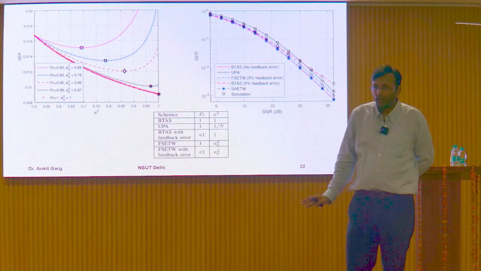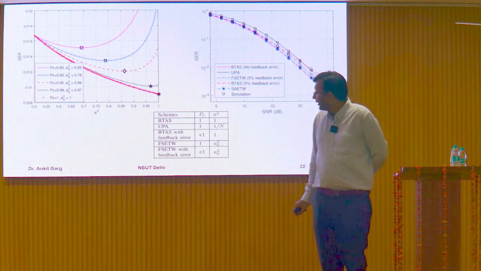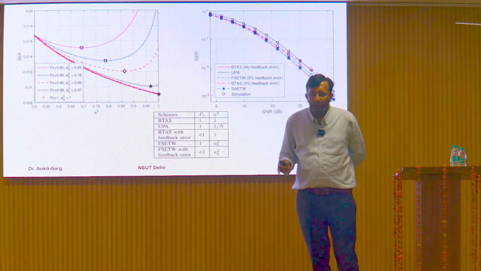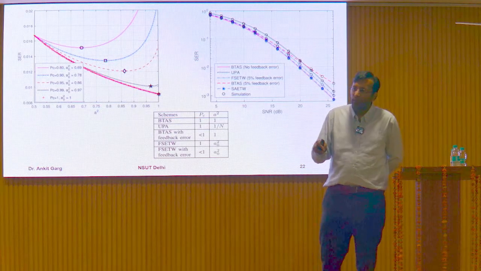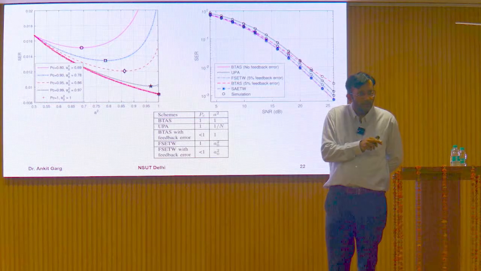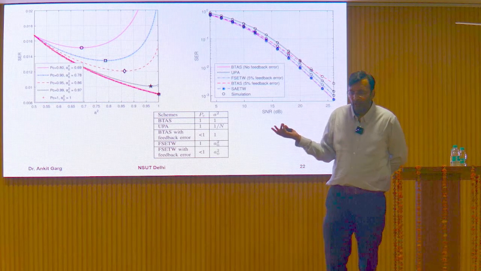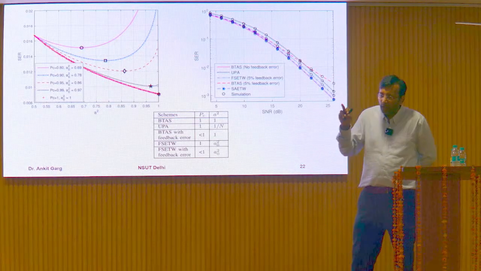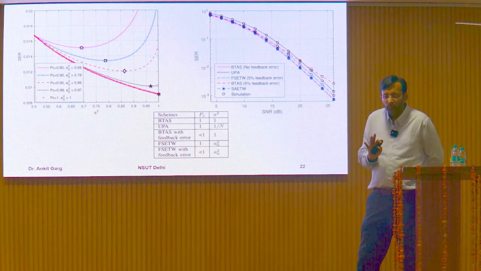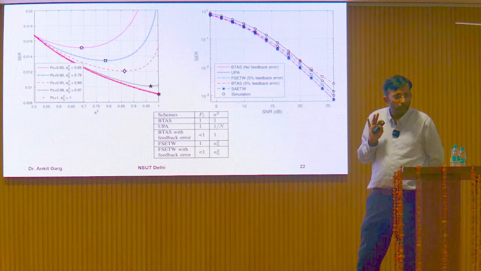So what we have done here, we make it adaptive. We find out the bit error rate of the feedback as a function of PC and A square. So it automatically adapts according to your SNR value. Fine.